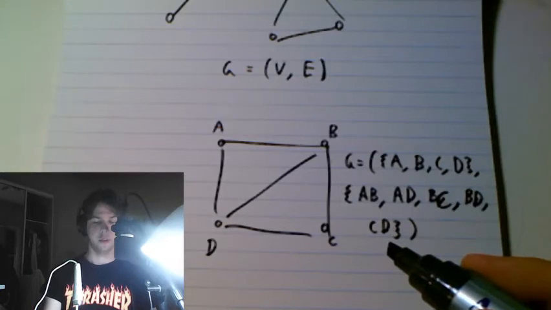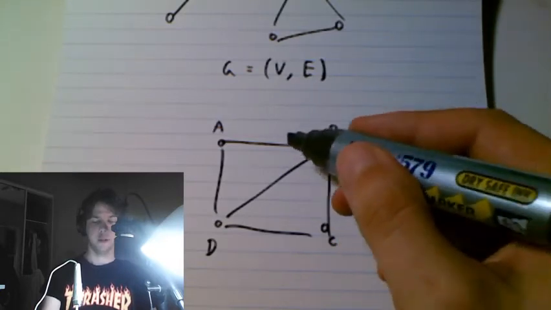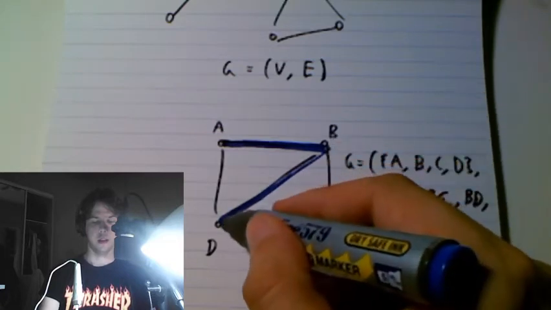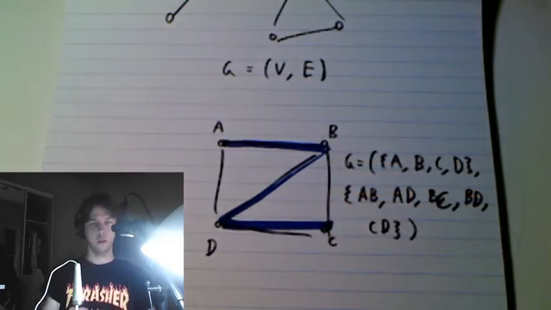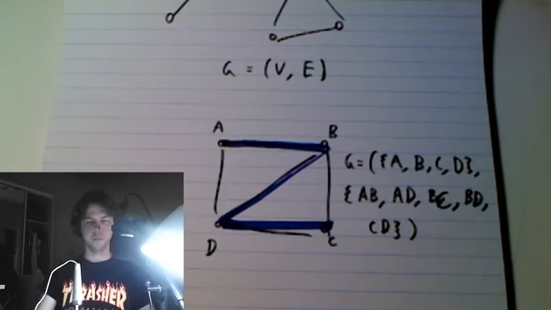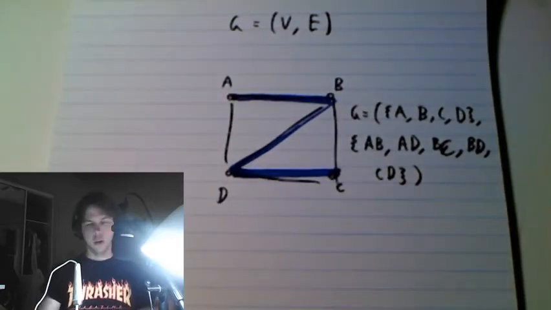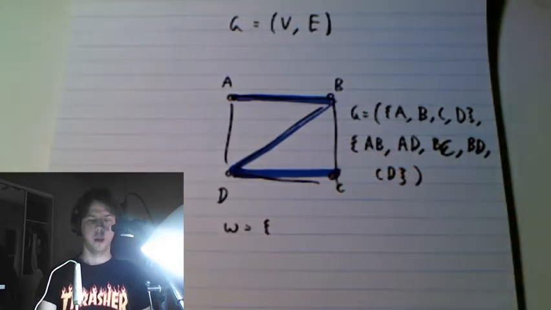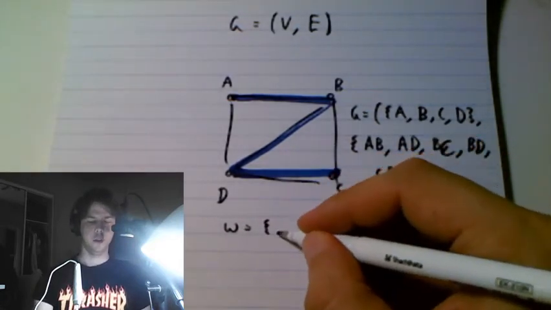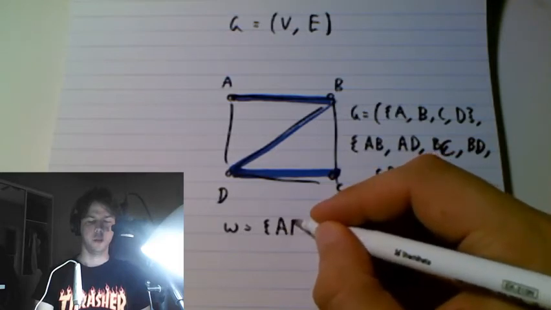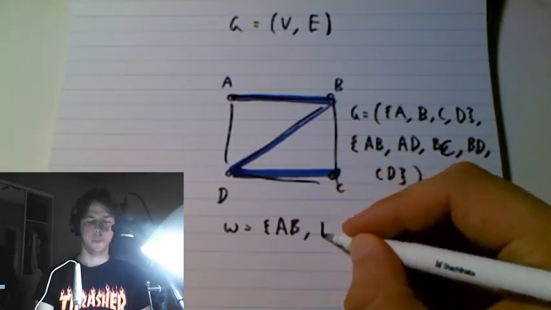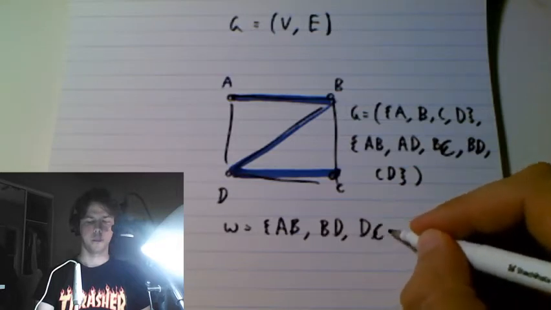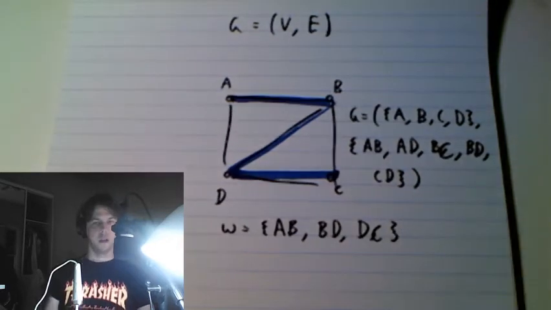So for example, let's say I'm going from A to C, but I'm taking the slightly longer route, then this walk could be represented by the set of vertices, not vertices, edges that I walk through. So there we have it.